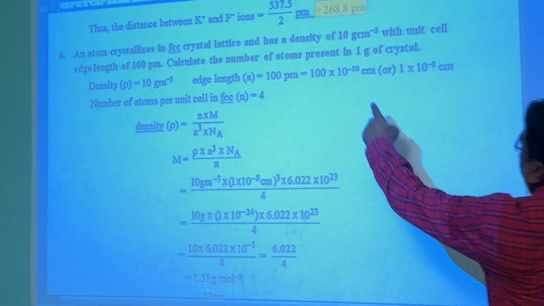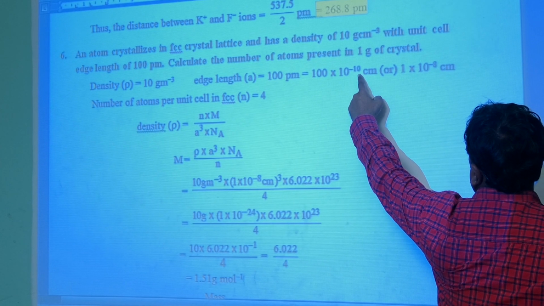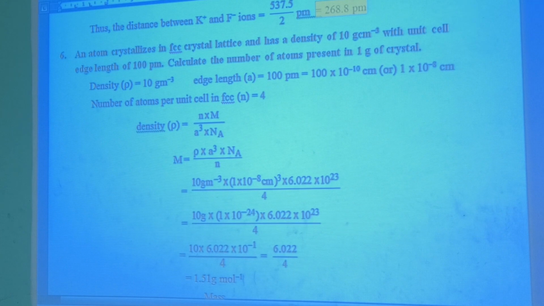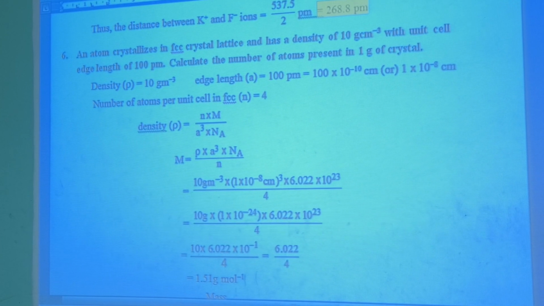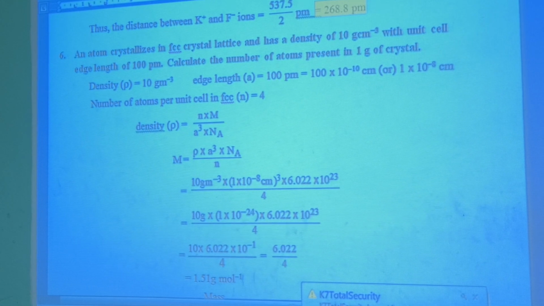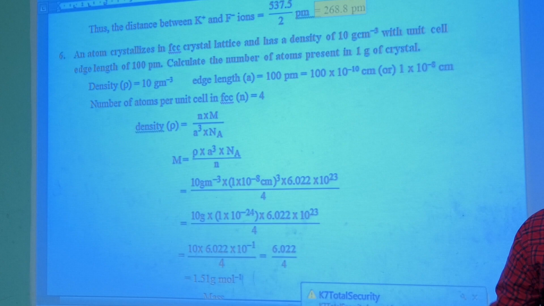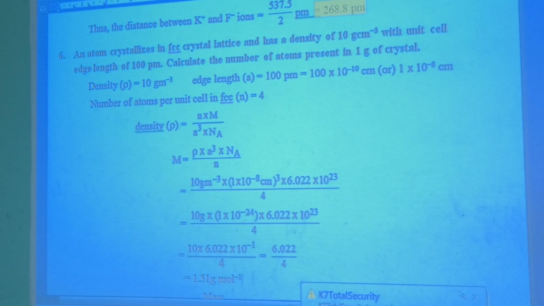Here it is given 10 power minus 10 centimeter. Na into volume A cube. So, m is equal to rho into Na into A cube divided by n, that is all.